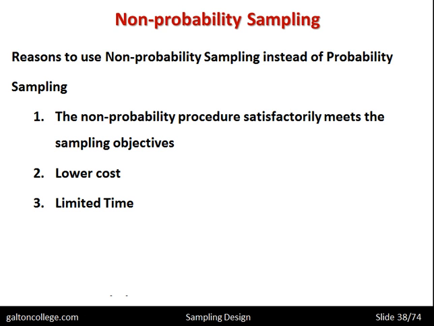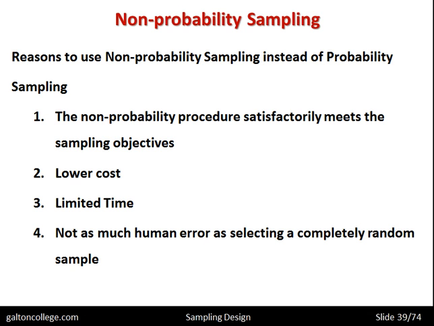But there's a trade-off here, a trade-off between convenience on the one hand and accuracy on the other. And although it's cheap, it may lead to very misleading results, and that's a problem. There's not as much human error as selecting a completely random sample.